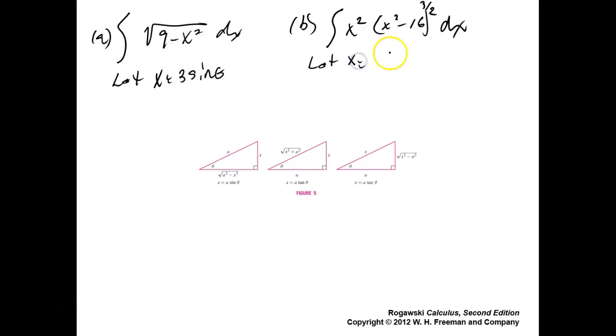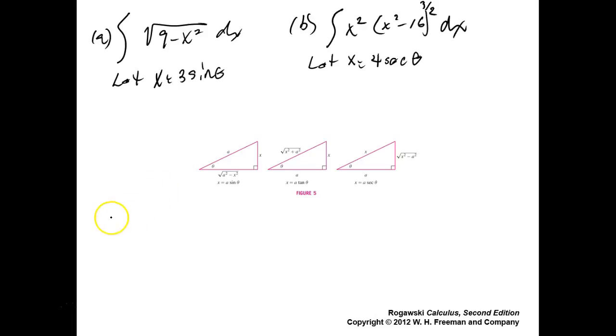Okay, let x equal 4 secant theta. That would be your trig substitution, because 4 squared is 16, secant squared minus 16, factor out the 16, secant squared minus 1 is tangent squared. That's what you want, okay?